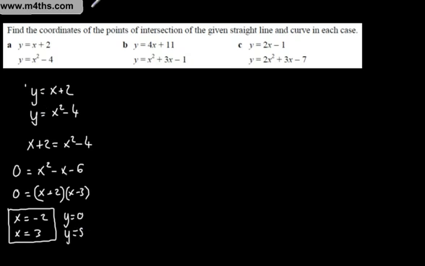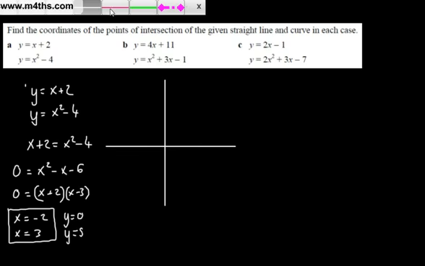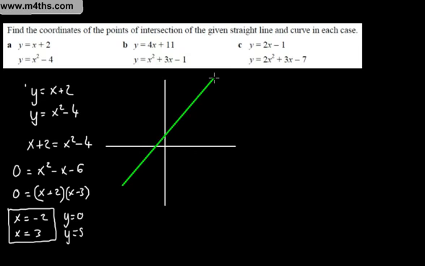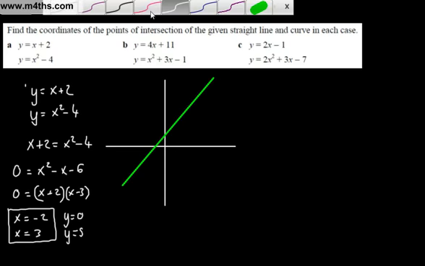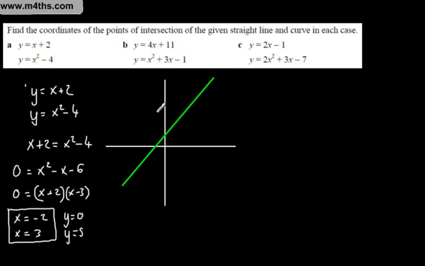Now let's just have a think about what this looks like graphically. The graphical representation is fairly straightforward. We've got a straight line, the line y equals x plus 2, which has a gradient of 1 and cuts just here. And then we've got a quadratic, y equals x squared minus 4, which would look like a parabola that opens upwards, does something like this, and then comes back up that way.